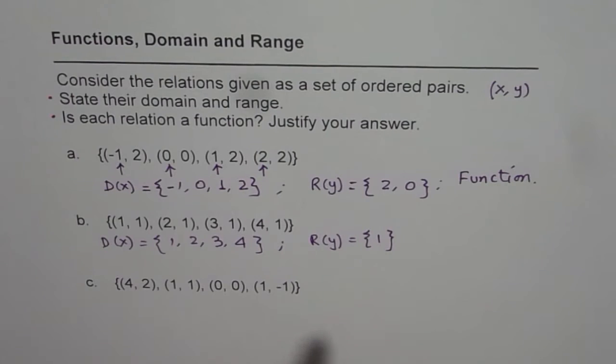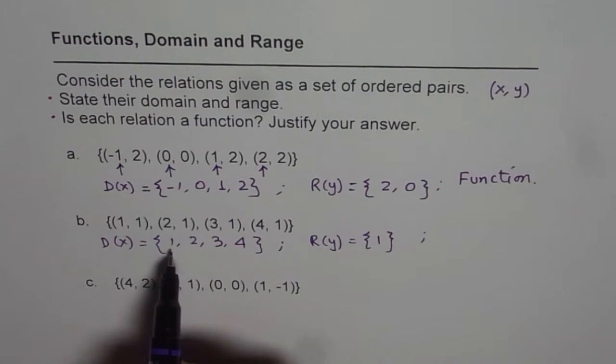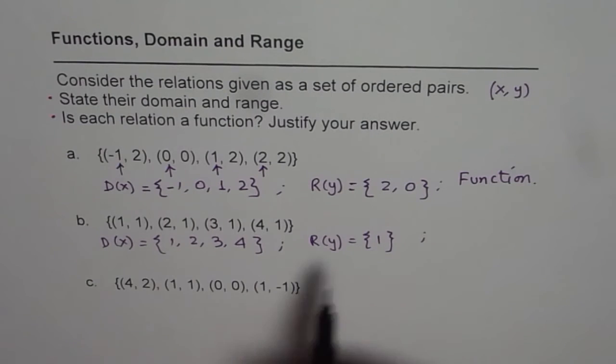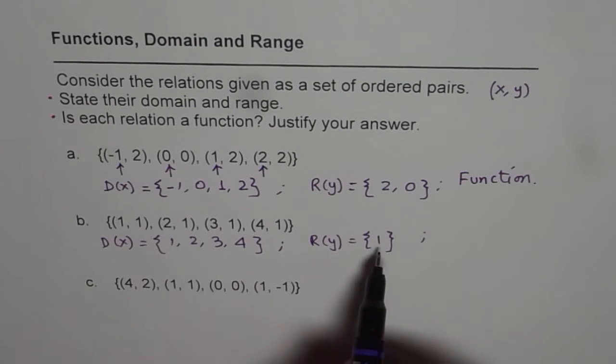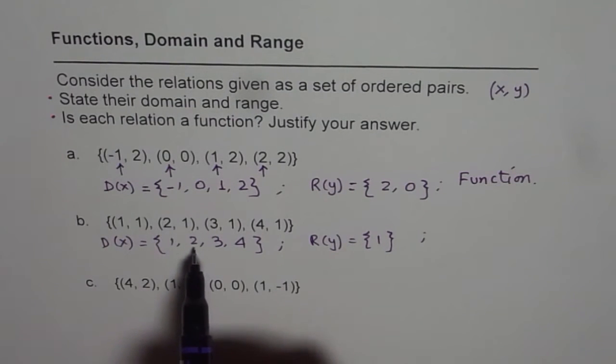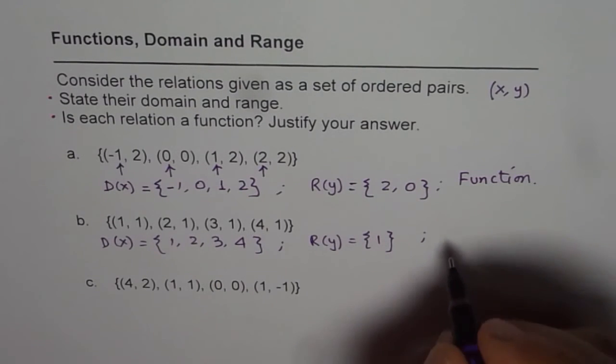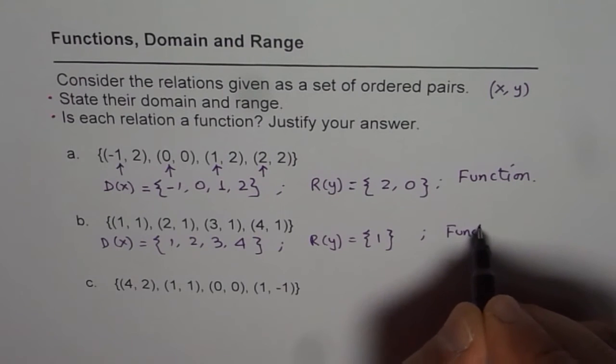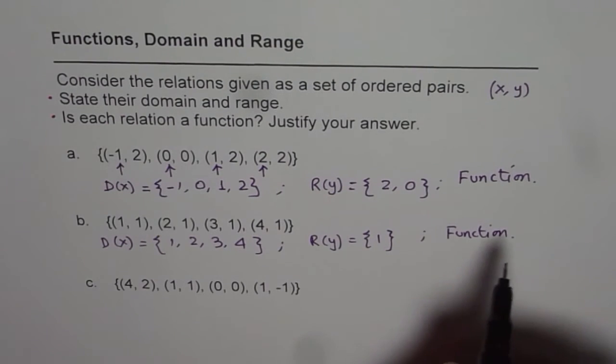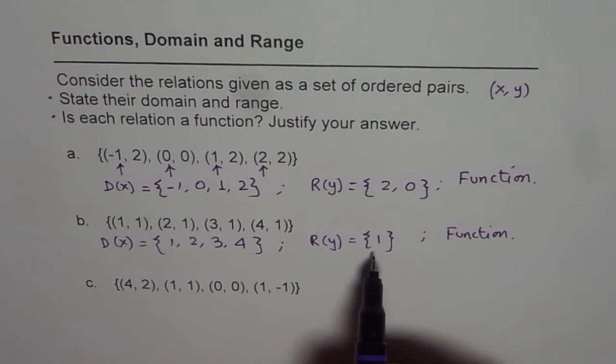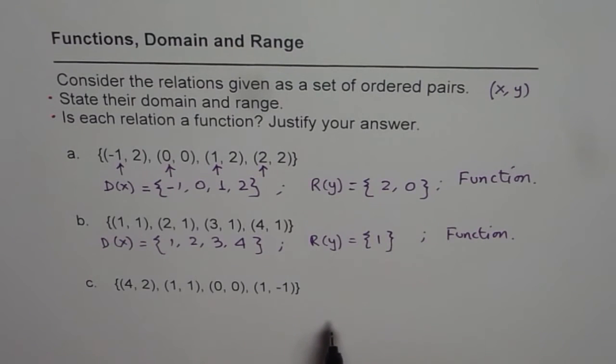Is it a function or not? It is a function, since each and every element in the domain is associated with only one element. It is not that an element in the domain is associated with 2 or more. So this is also a function. It is interesting to note that here in the range we have just one element.